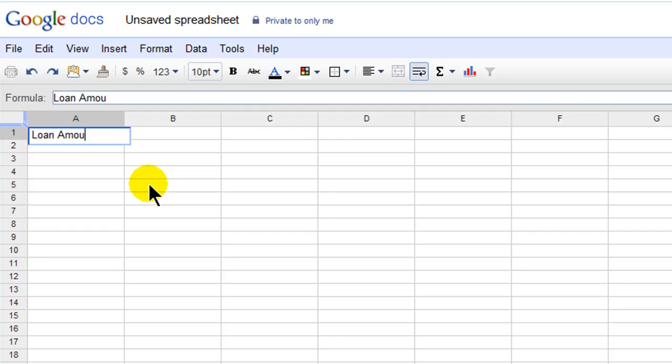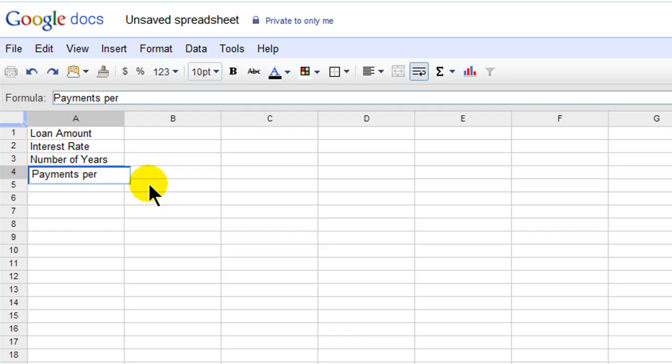How about loan amount, interest rate, number of years, payments per year, and then I'll figure out a payment.